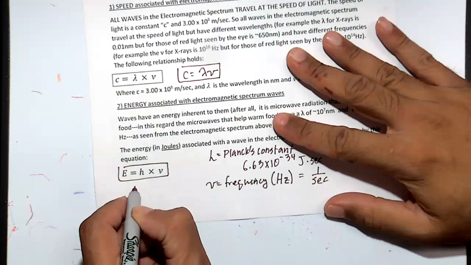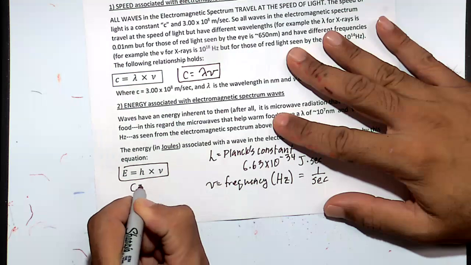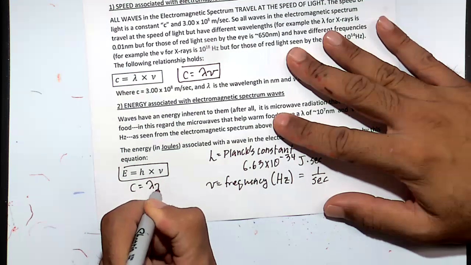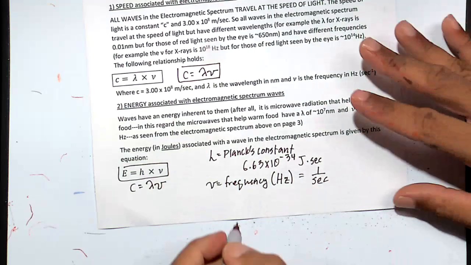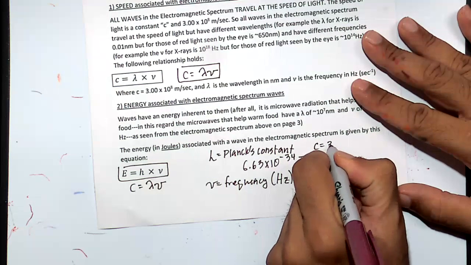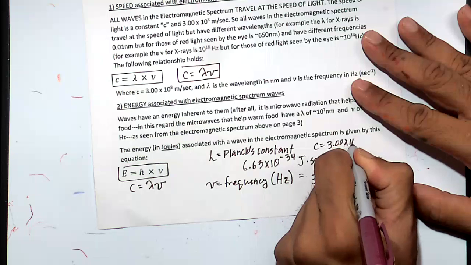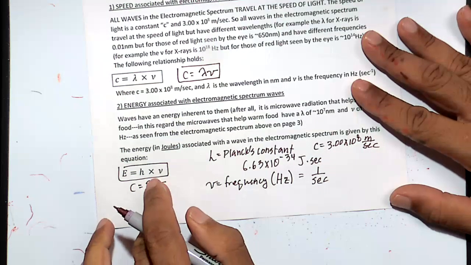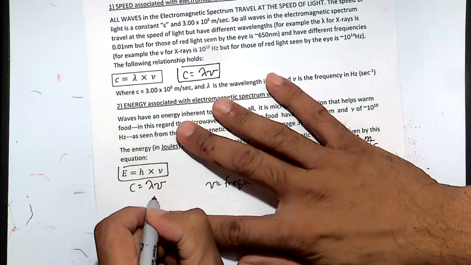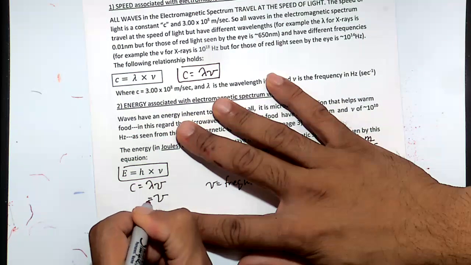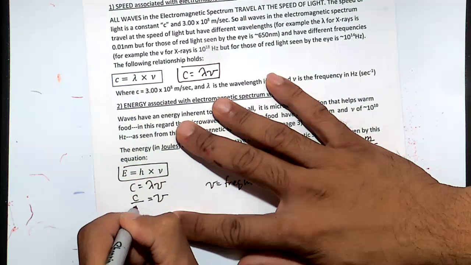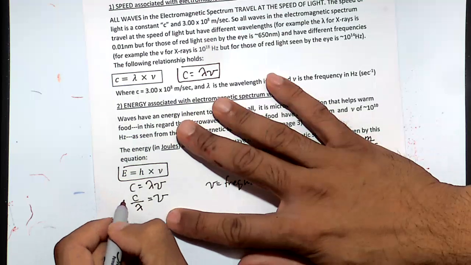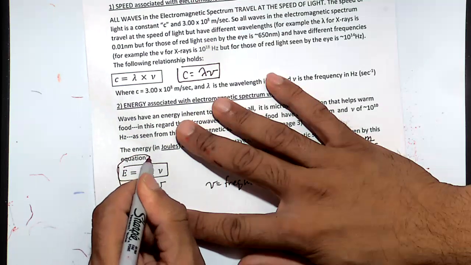By the way, we know that these travel at the speed of light, which is another constant that I will give you: 3 times 10 to the 8 meters per second. So I can do a little bit of algebra here. If v equals c over lambda, I can substitute that c over lambda here.